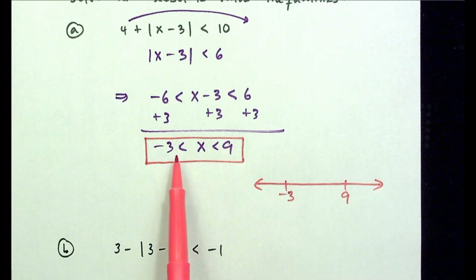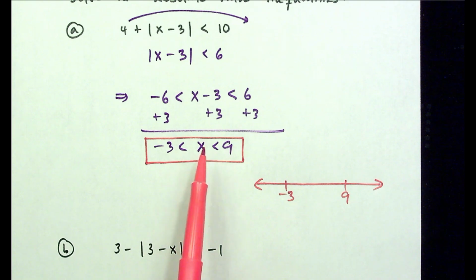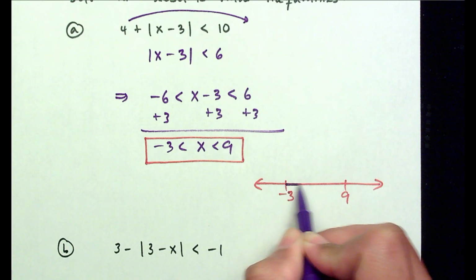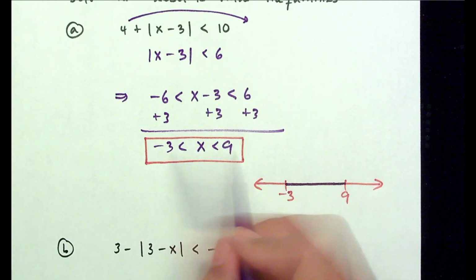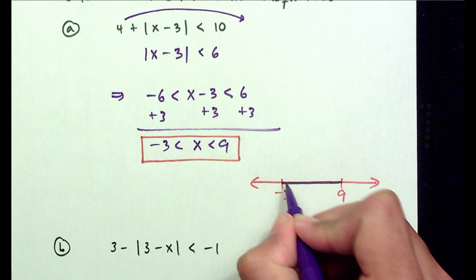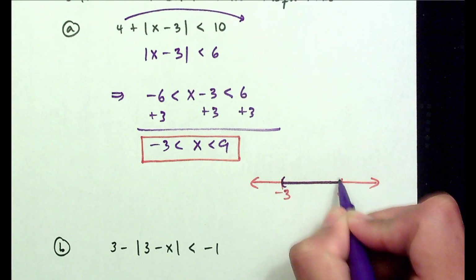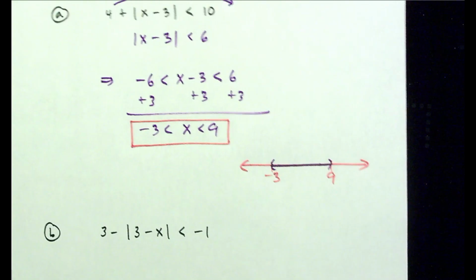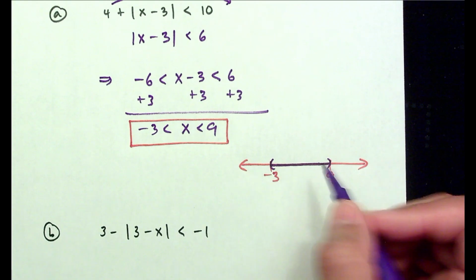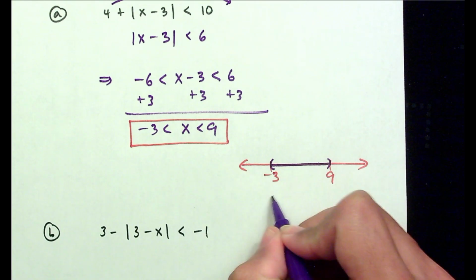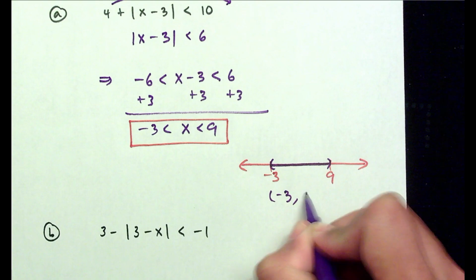All the numbers between negative 3 and 9. So that means precisely these numbers. I don't want to include the endpoints, so at the endpoints you should use parentheses. So that means the answer in interval notation would be negative 3, comma 9.